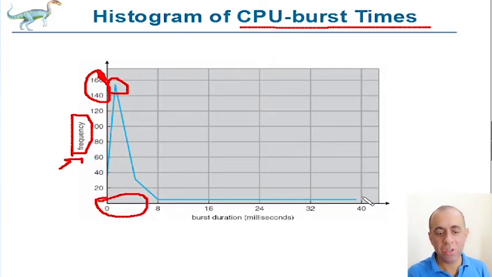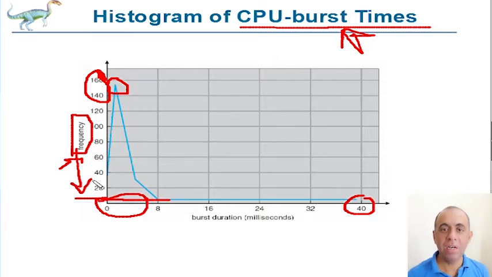Similarly, the CPU bursts which are very large are very low in frequency. Briefly speaking, the number of CPU bursts which are of very small duration are highly frequent, and the number of CPU bursts which are very large are really few.